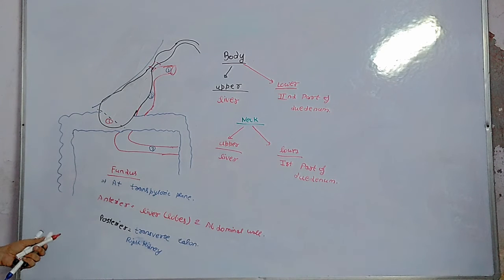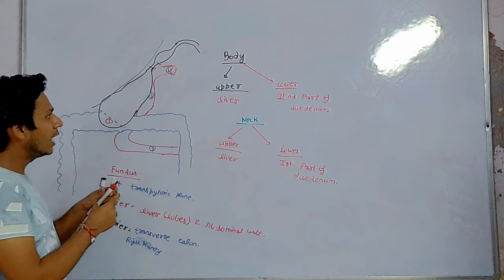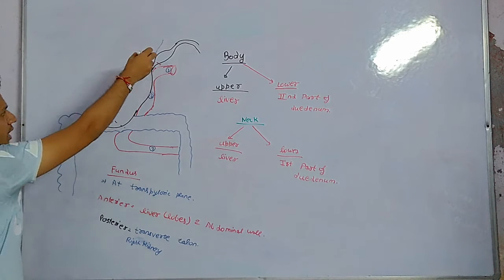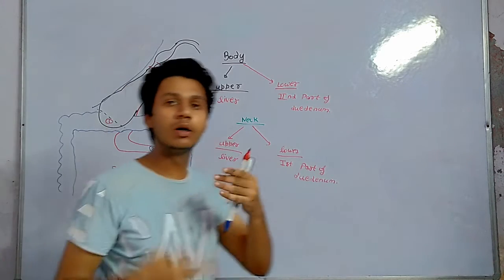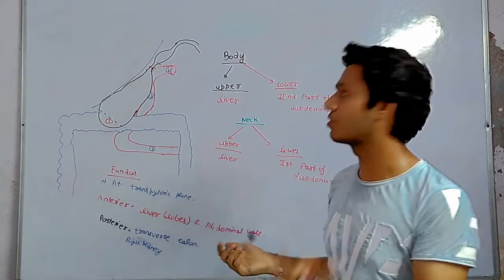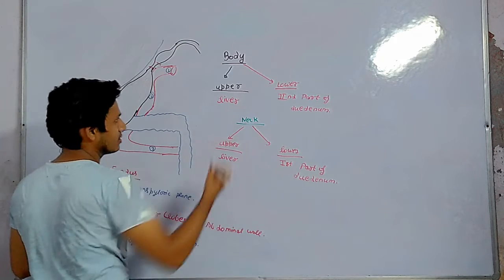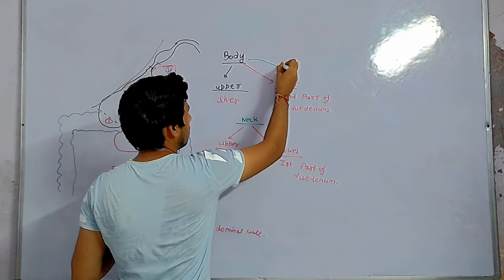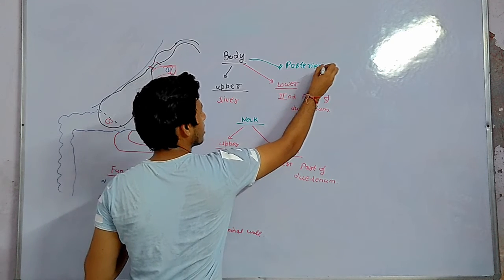Anterior, posterior. On the posterior side, behind the body, we know the kidney is also present. The right kidney is also present here like this. Remember, in the posterior relations of the duodenum, renal vessels come. So near the body relations we can write renal vessels posteriorly.